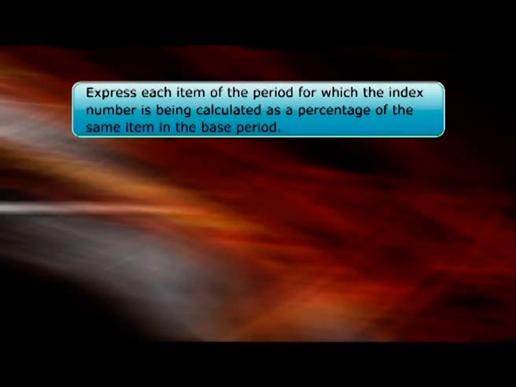The steps involved in the computation of the weighted arithmetic mean of relatives index number are as follows. Express each item of the period for which the index number is being calculated as a percentage of the same item in the base period.